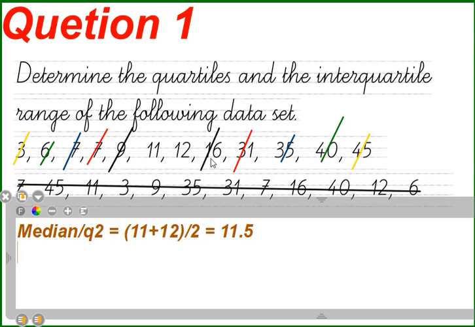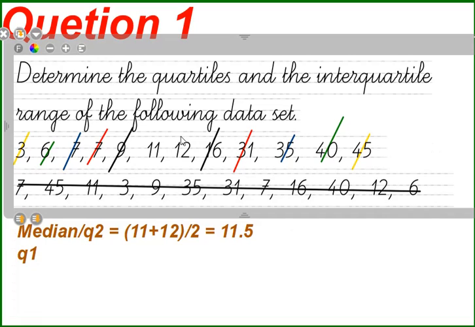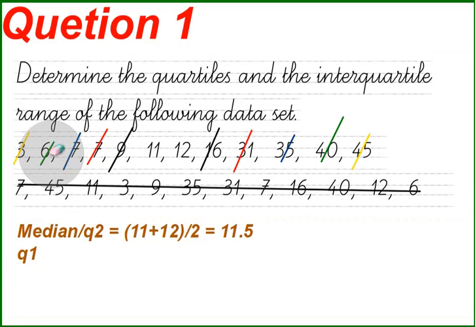And then for our Q1, let's put it right there. So let's circle our median first before we continue. So we have that our median is right there, and let's write it down, 11.5.